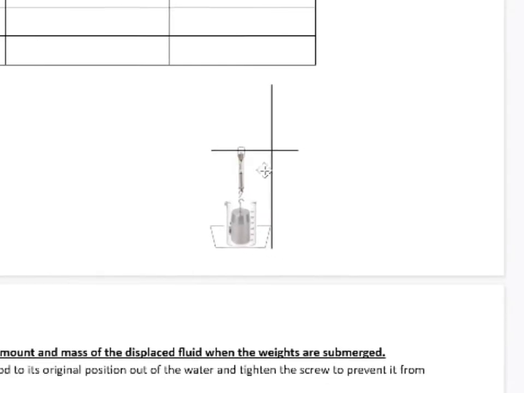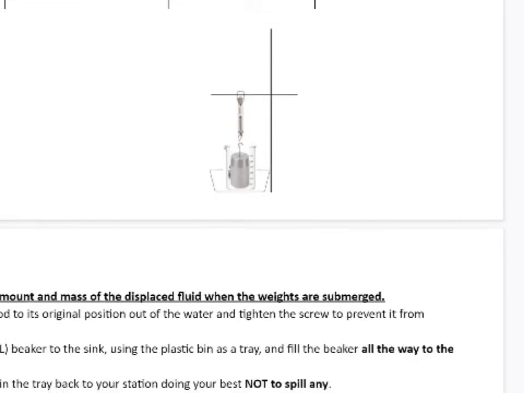And then we lower the contraption. We lower this support rod down so that the object is completely submerged in the water. But just the object, not the scale. The scale won't be in the water, just our object. But our object also will not be touching the bottom of the beaker or container. It's still going to be suspended in the water by the scale, and just the object, our block, will be in the water.